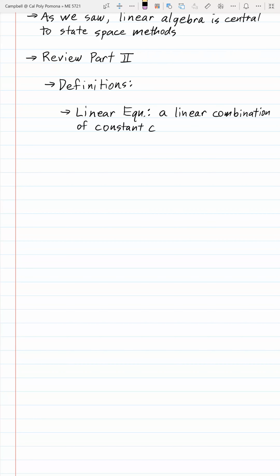Of constant coefficients here, and I'll add in for our class.